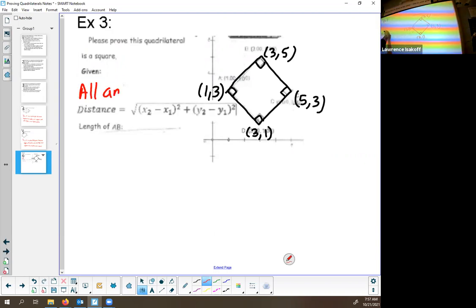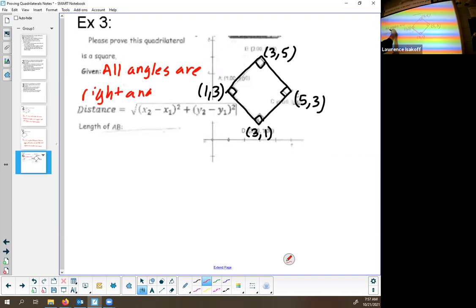All angles are right angles. So that's a piece of information I already know, and it's saying the shape kind of looks like a square, right? That's a property of a square, so I'm off to a good start.